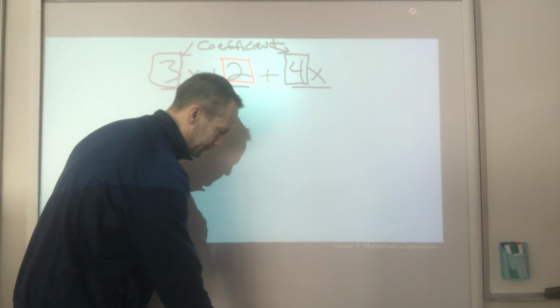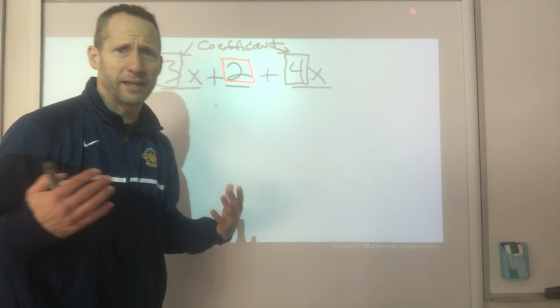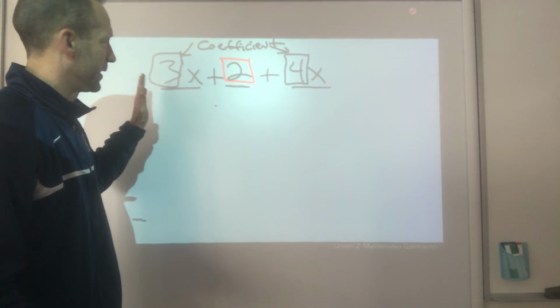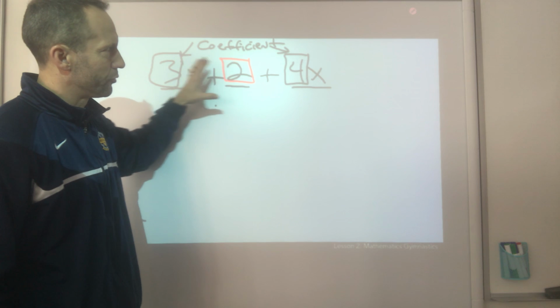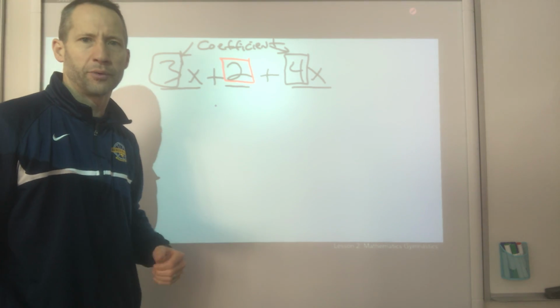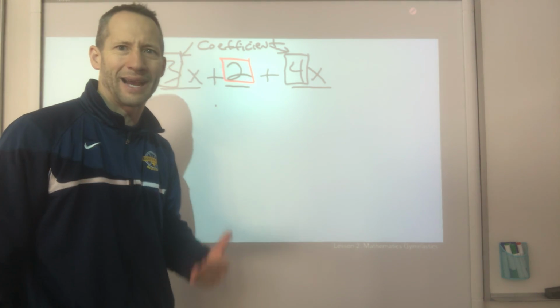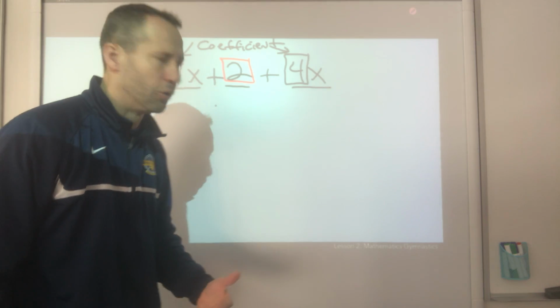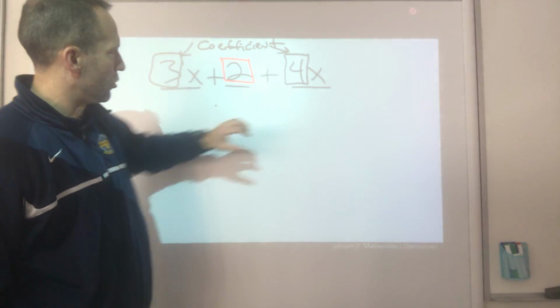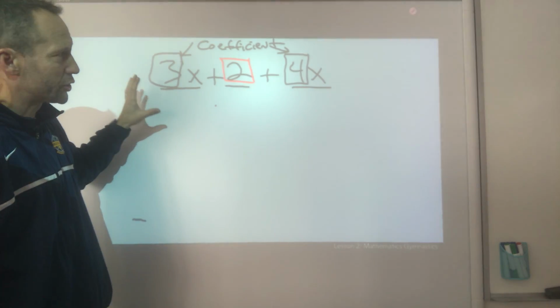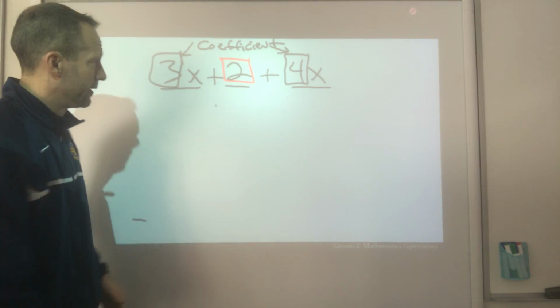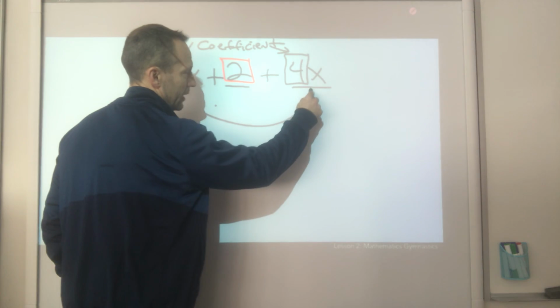Okay? So now, why did we need to identify these words? Why do we need to identify specifically the coefficient? Well, after we went through these notes and went through this vocabulary, we started talking about, again, combining like terms. So if we look at this expression as a whole, 3x plus 2 plus 4x, there are 2 terms that are alike, the 3x and the 4x.